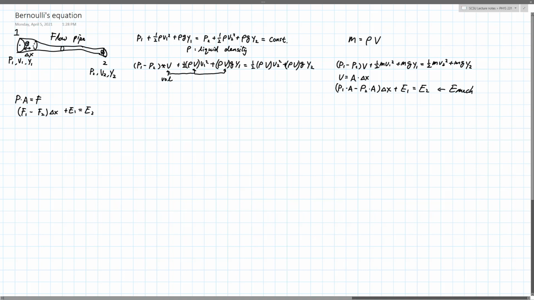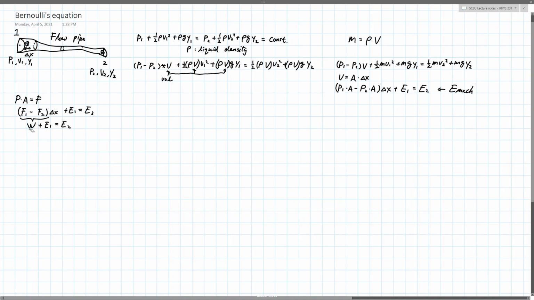And force times distance is work. So this is a generalized energy conservation. It says E1 is not equal to E2 because some work was done on the liquid so that it gains this much energy, W amount.